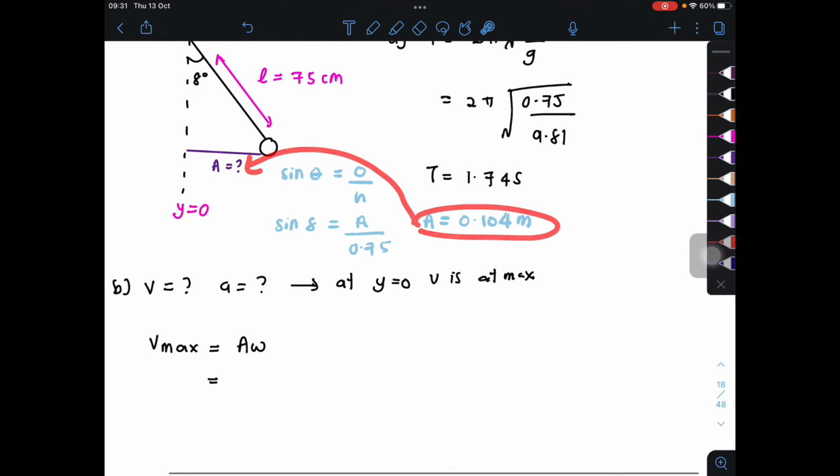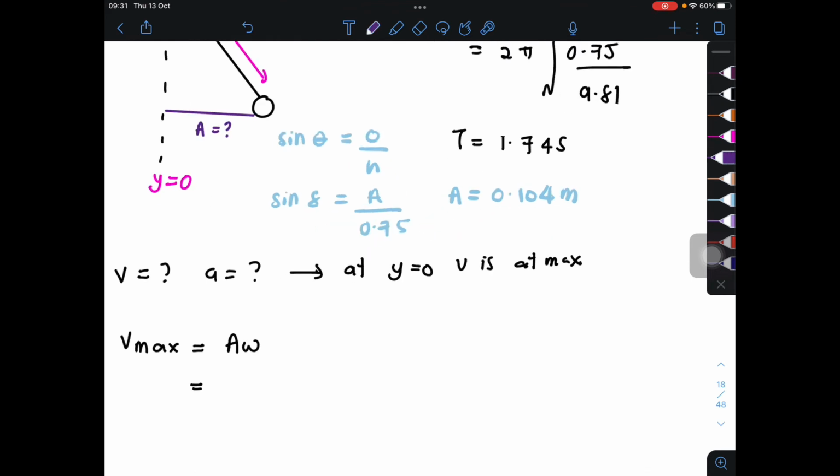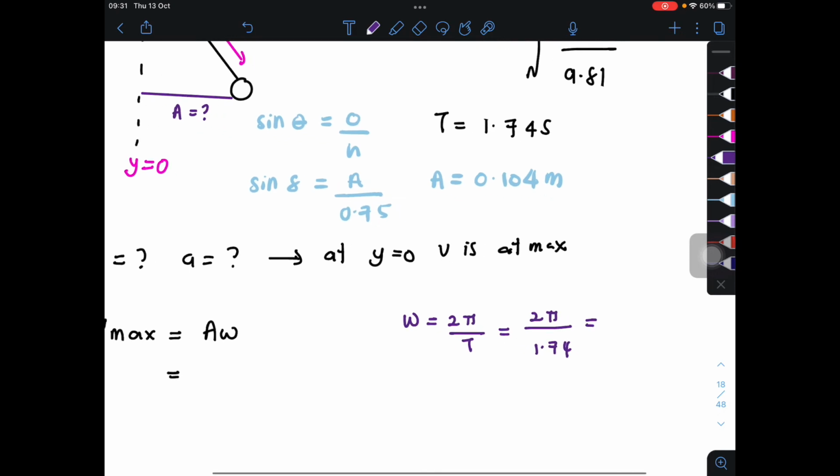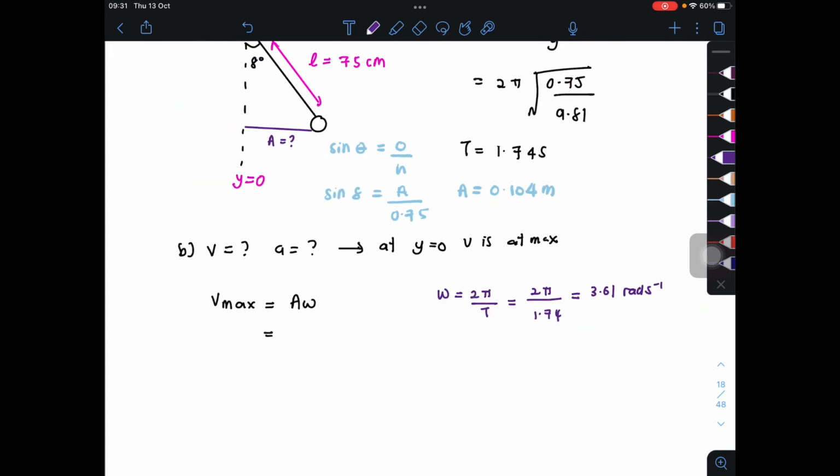And then we need to find omega as well, where omega is equal to 2 pi over T. So T is 1.74, which gives 3.61 radian per second.